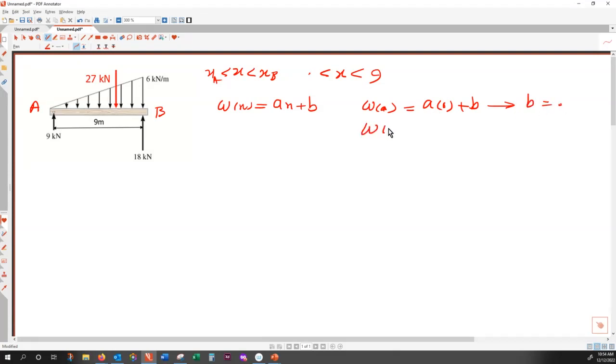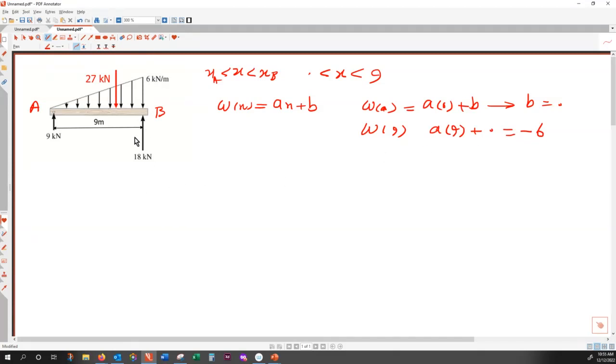But when X is equal to 9, A times 9 plus B, which is 0, that is equal to, this is not equal to 6, that is equal to minus 6. So this is a point that many students don't realize, because this load is pushing down, that is negative.